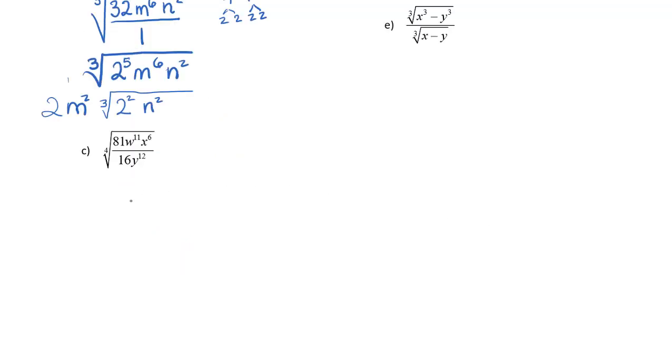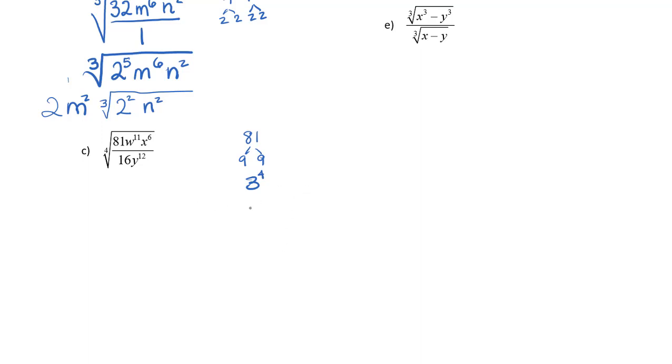Now let's look at part C. We have 81 w to the 11th, x to the 6th, over 16 y to the 12th, all under a 4th root. So let's see, will anything divide out? 81 is 9 and 9. That means that 3 to the 4th is 81.